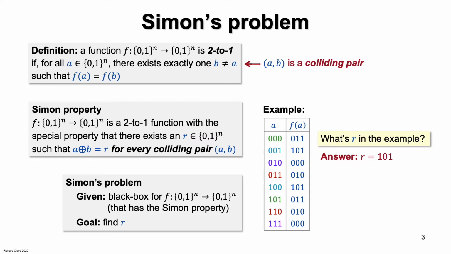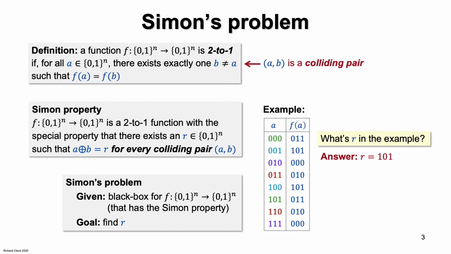You don't know what the colliding pairs are, and you don't know what the value of r is. Your goal is to find the value of r. In the example, it would be 101. For a general function from n bits to n bits that satisfies the Simon property, r could potentially be any non-zero n-bit string.